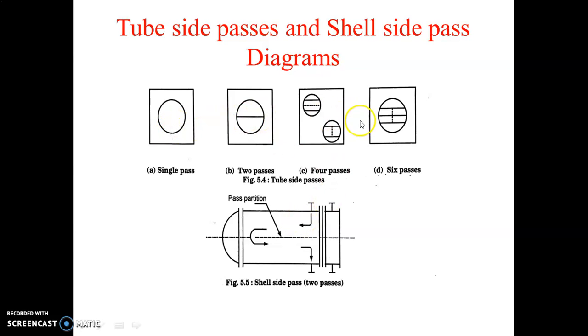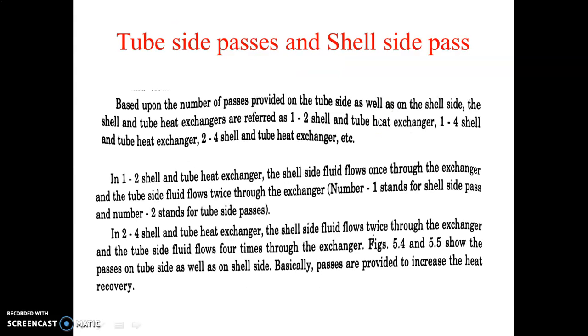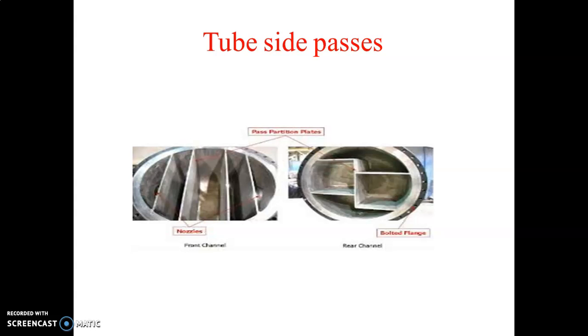And here the fluid is passing on the tube side, that means in these tubes, depending upon their passes. So I will show the diagram, so that will clear the idea of the tube side passes.